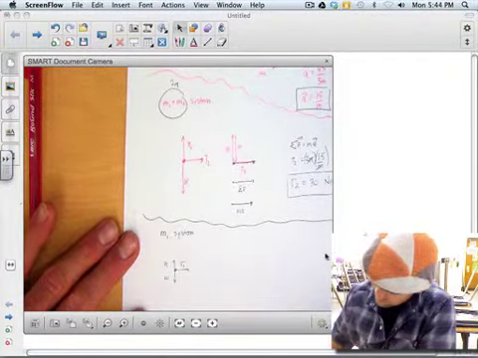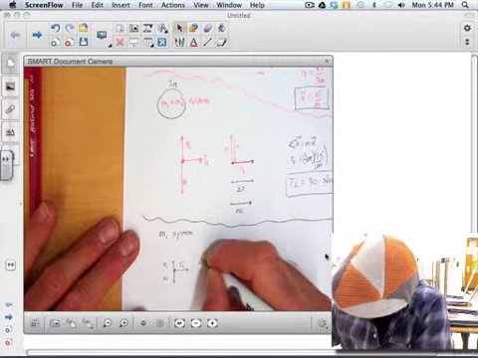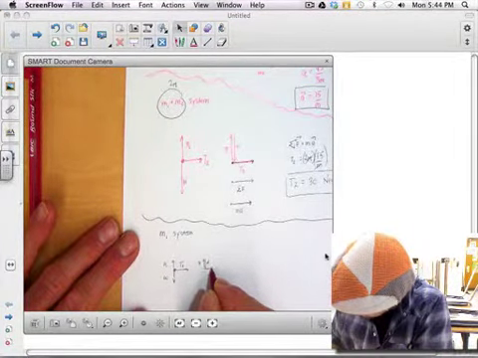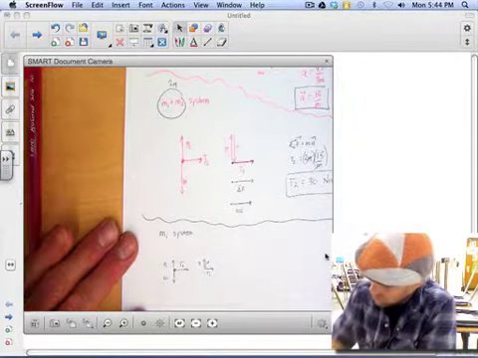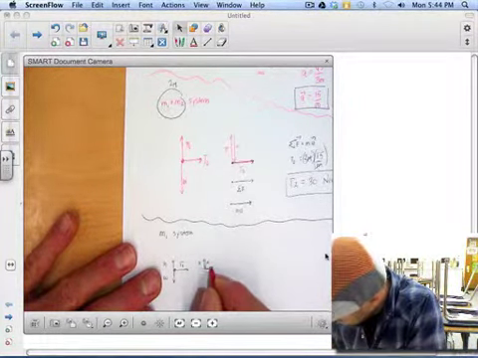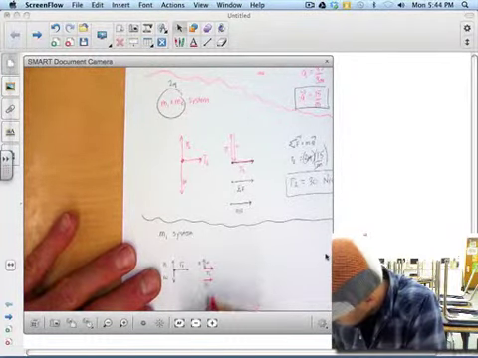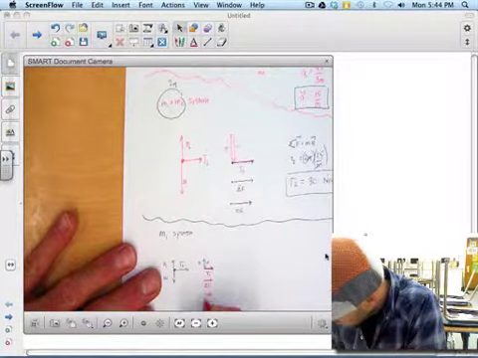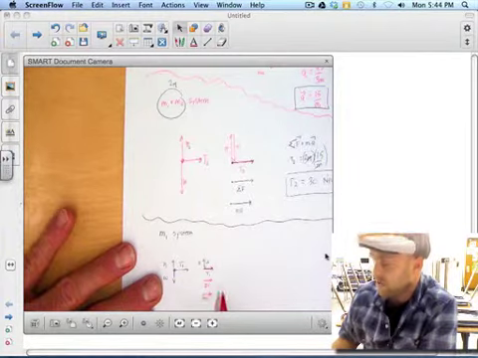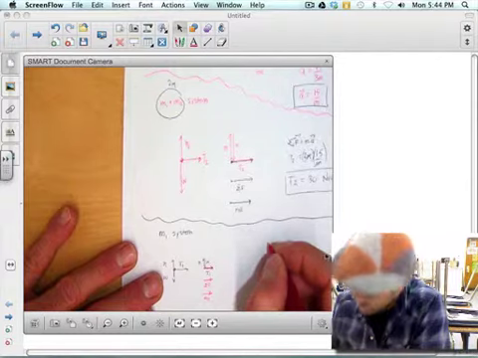And when I add these vectors, I got N going up, weight going down, and then T1 going to the right. T1 is going to be the same length as my net force vector, which is going to equal ma, the direction of my acceleration vector, scaled by m. So let's write our second law equation.